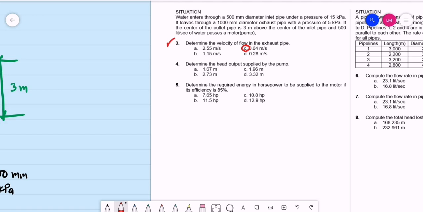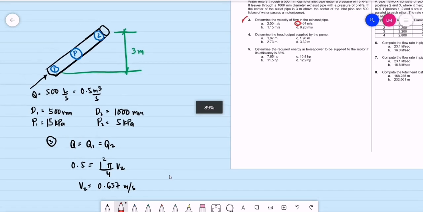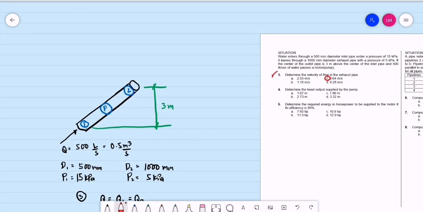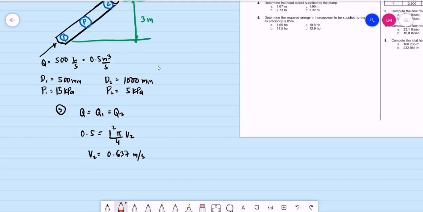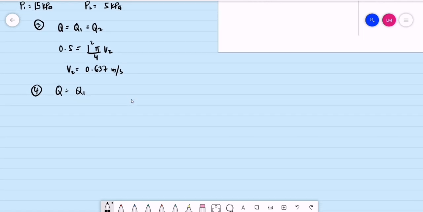Number 4: determine the head output supplied by the pump. For the head output, we need to construct our energy equation. To construct it, we need to first compute for V sub 1. So discharge is equal to discharge at 1 and also at 2, which is 0.5 cubic meter per second.